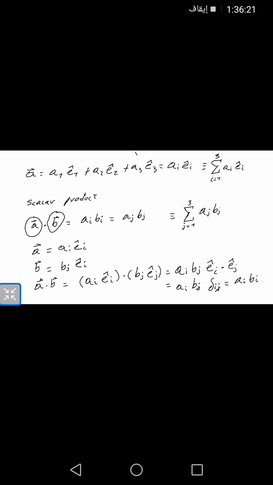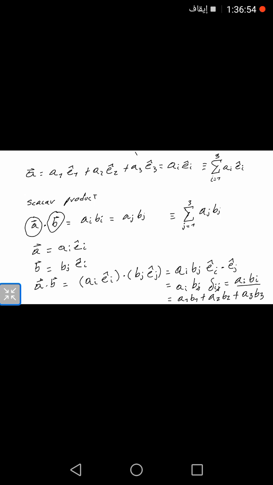And as Professor Andreas mentioned this morning, when we have this product here, it means that we have a summation using the same index. In this case, A1, B1, A2, B2, A3, B3.